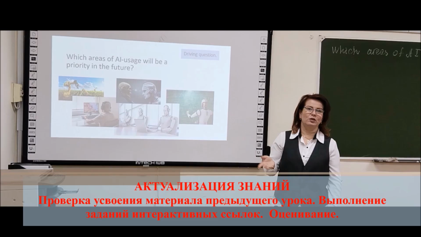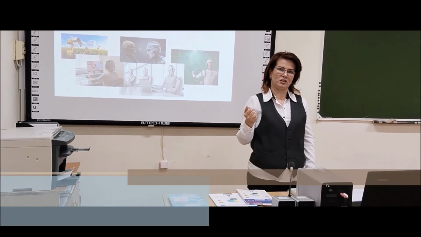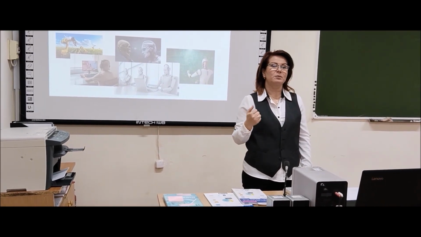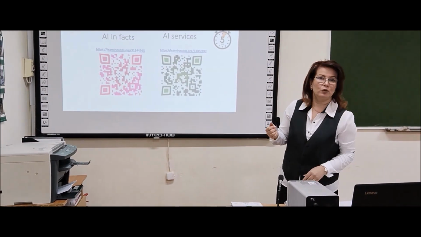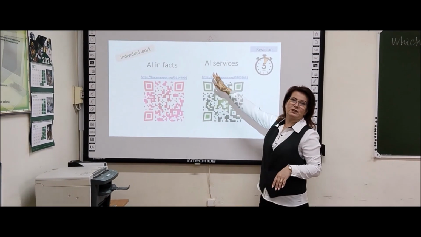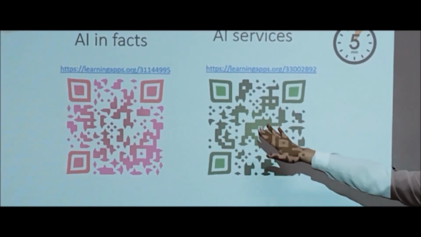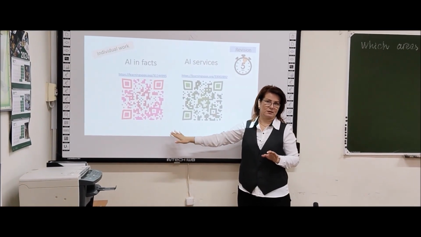At the previous lesson, we were introduced to a new term, artificial intelligence. We discussed the features of artificial intelligence and main facts. That is why now you will do individual work. Take your smartphones and scan these QR codes with interactive tasks.